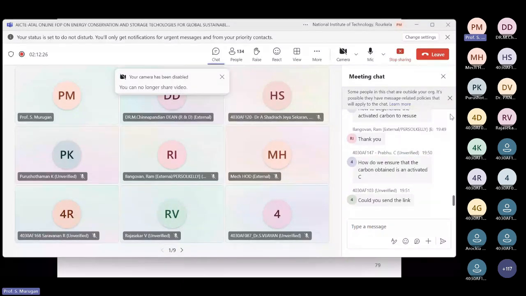So, as I told in my presentation, by experimental studies, we understand that about 80 to 90% of carbon dioxide is captured in our study. Remaining, of course, other gas constituents may be there, but 80 to 90% of carbon dioxide is captured from the engine exhaust.